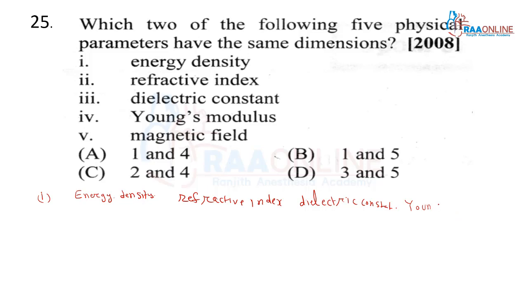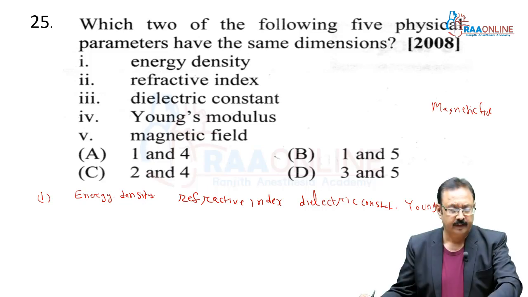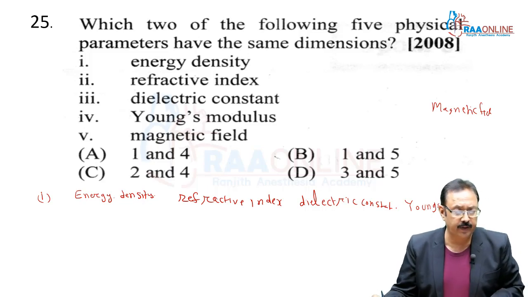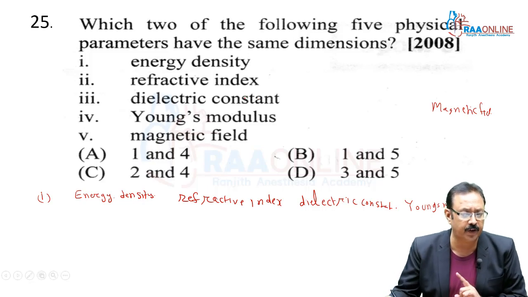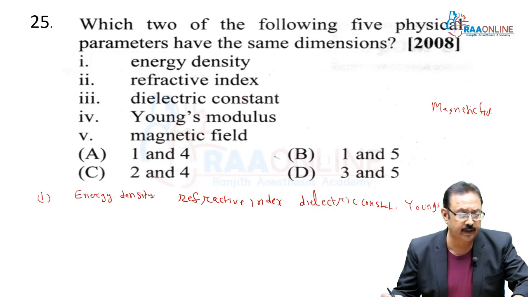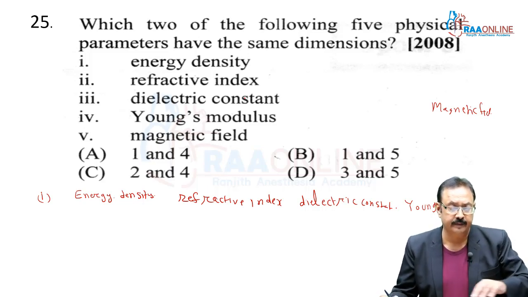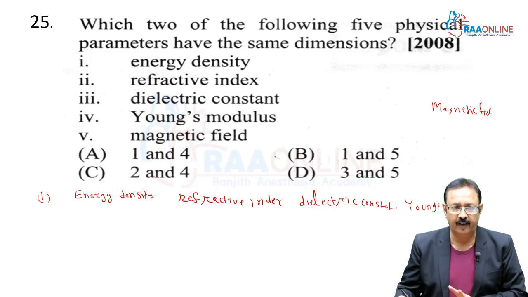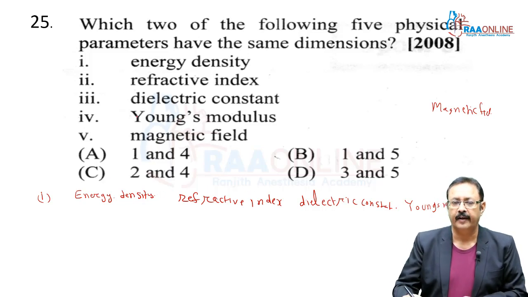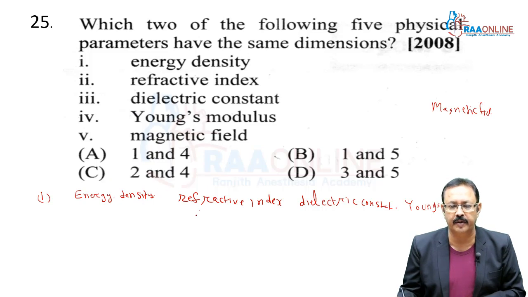So we have to calculate Young's modulus and magnetic field, and only then we can come to all the physical quantities. So first go for whichever is easy for you. Refractive index has no dimension.